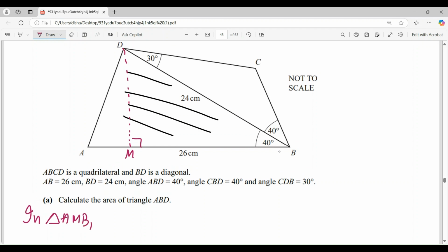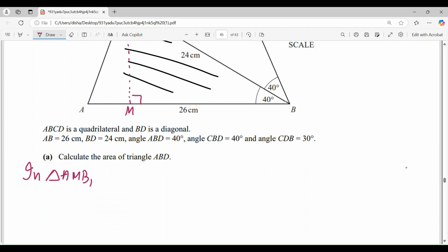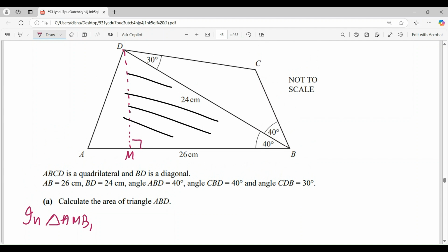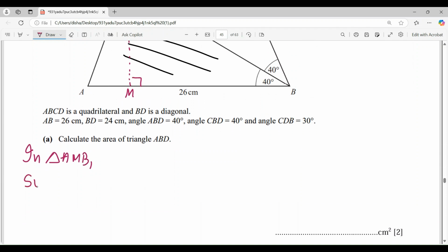I have the whole hypotenuse BD. So I'm using sine because with respect to this angle, I want to find the opposite side and I have the hypotenuse. So sine 40 is equals to AM upon BD.